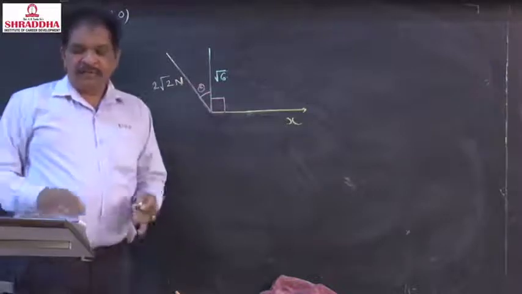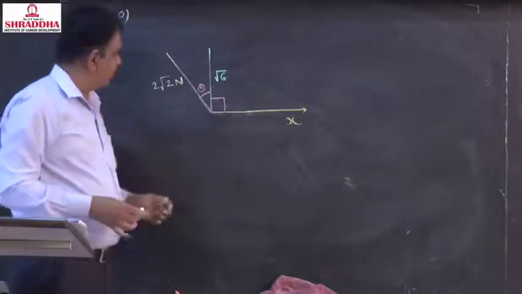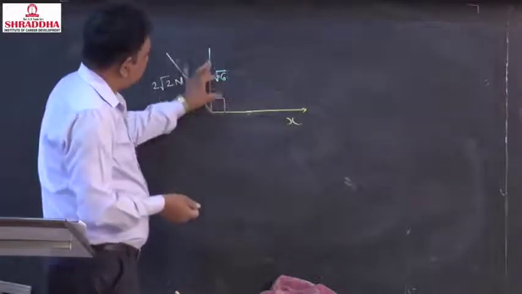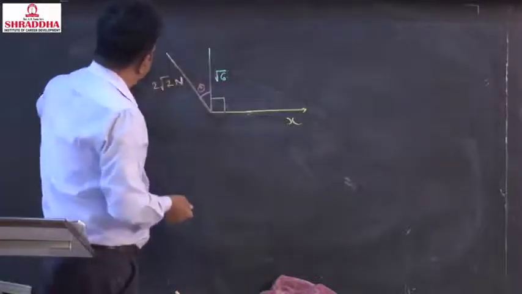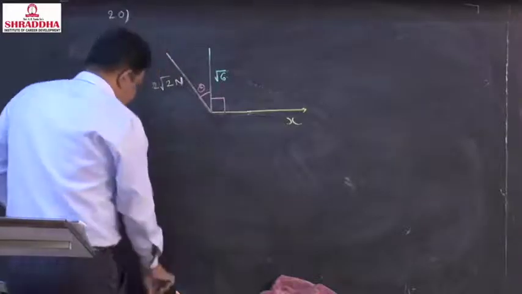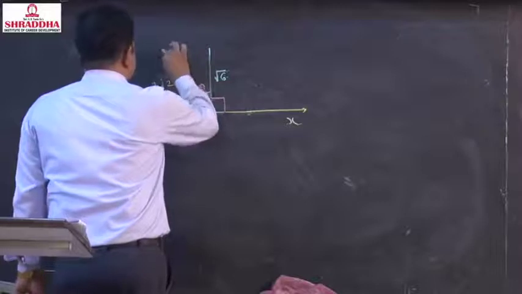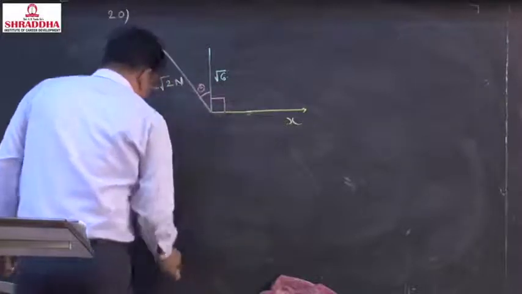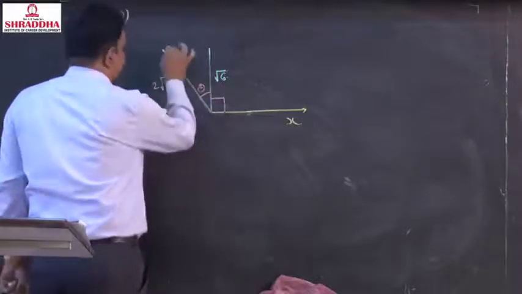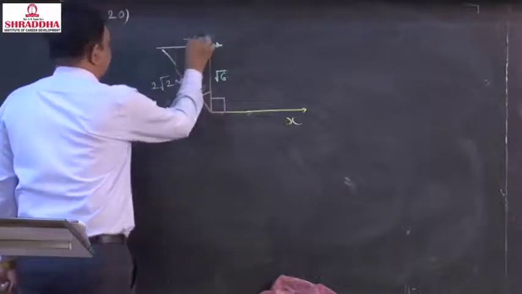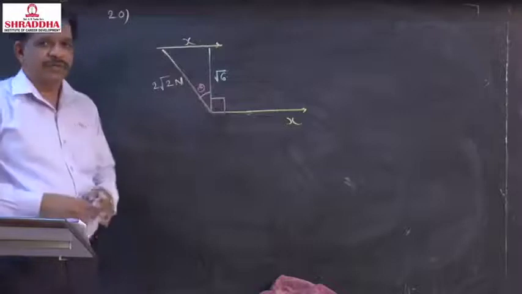Then we'll do one thing. We will move this vector to here. If we draw a parallel line for this here, that will also have the same magnitude.